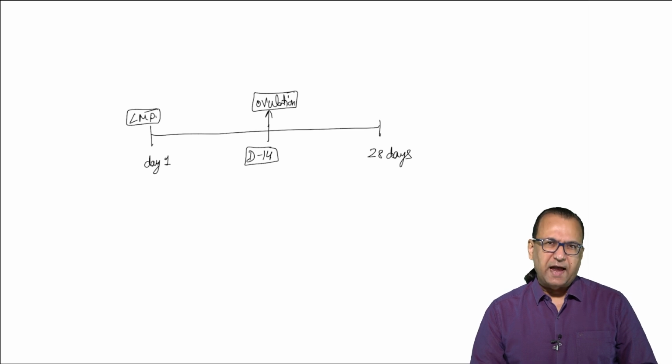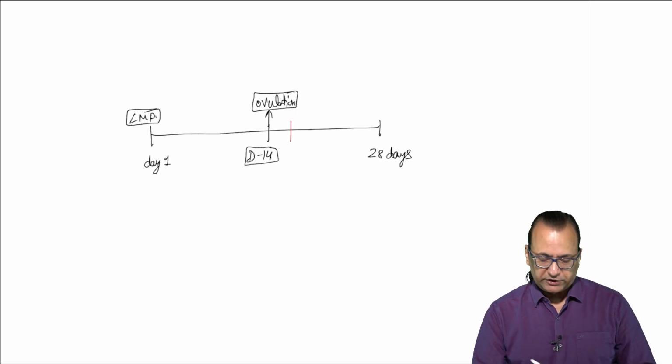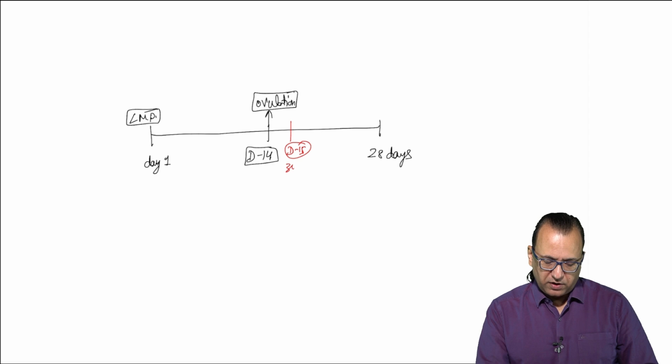The fertilization should happen within 24 hours of ovulation. So when we mention that the fertilization should happen within 24 hours of ovulation, we must have the zygote on day number 15. It is understood that life begins here.